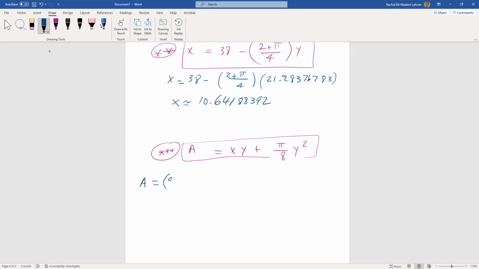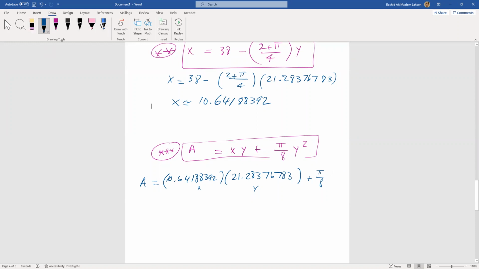So it's just a matter of using a calculator. This is the x and the y plus 5 over 8 times the y squared.